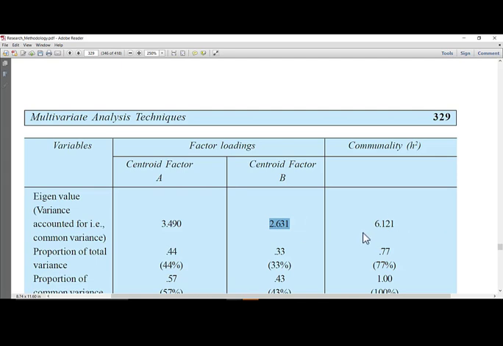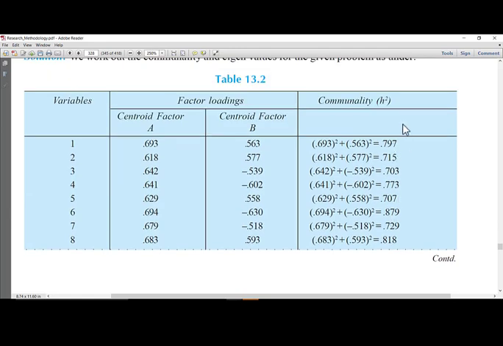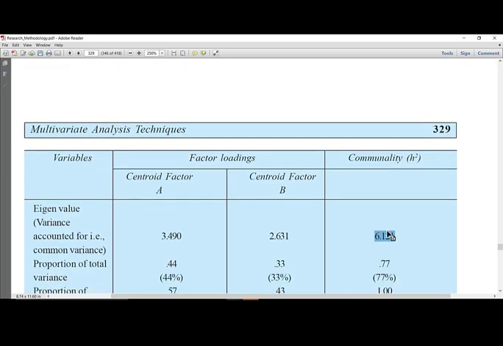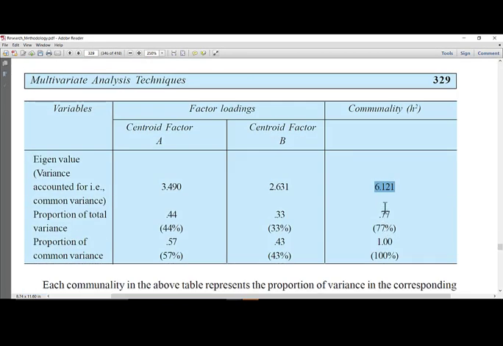And for this communality, if you make the simple summation of these values, that is 6.121, and even if you make this summation 3.490 plus 2.631, you will get 6.121.